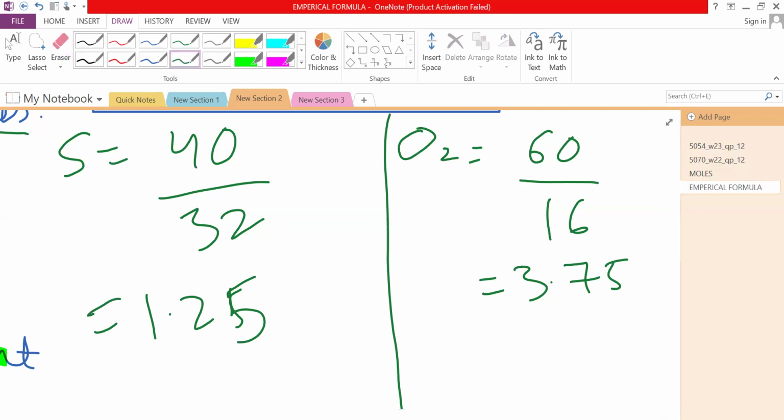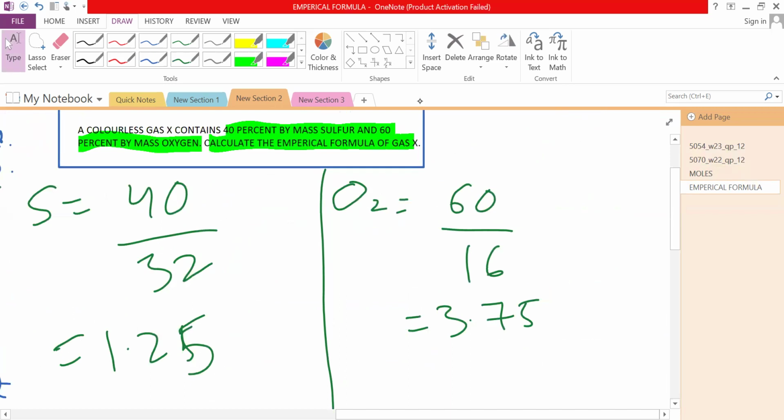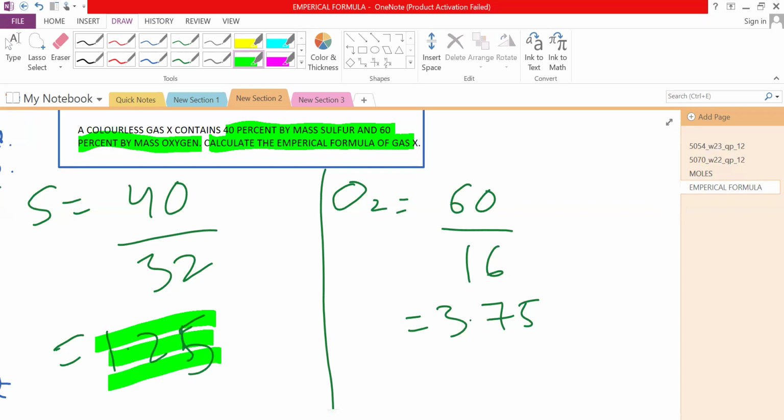Now, when you have calculated the moles, see which one is of the lesser value. So here the moles of sulfur is of lesser value.